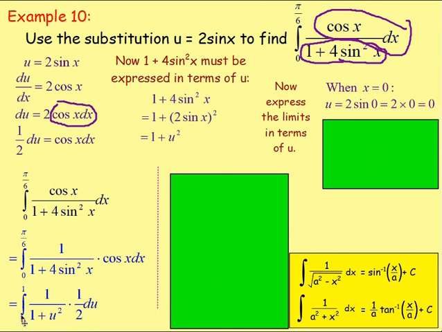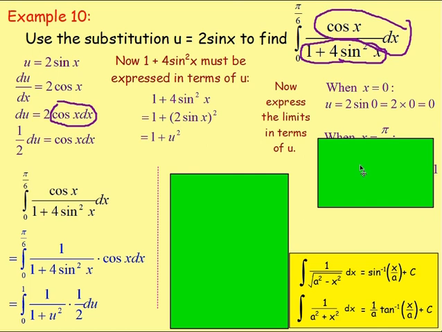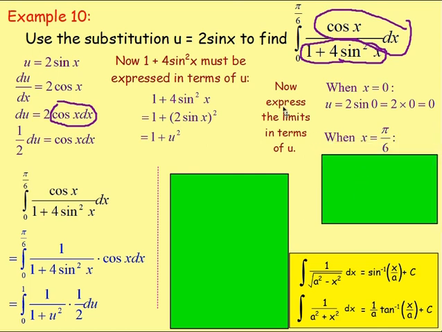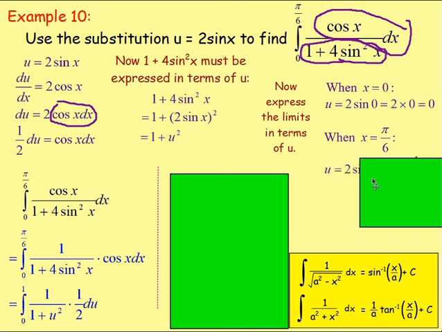So the bottom limit is 0. When x is pi over 6, u is 2 times sine of pi over 6. Pi over 6 is 30 degrees, so sine gives a half, and 2 times a half gives 1. So the top limit is 1.